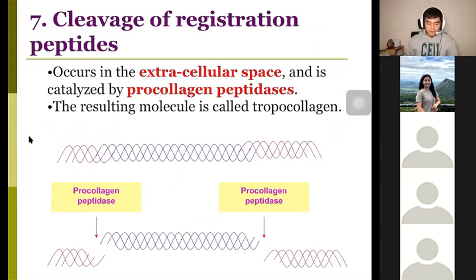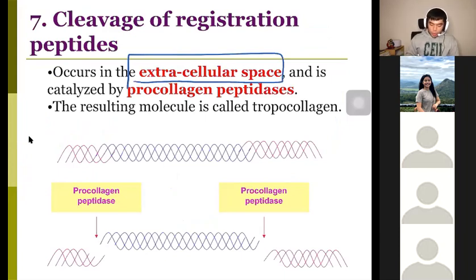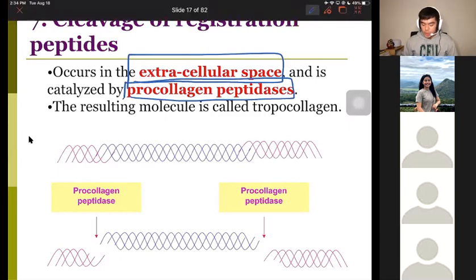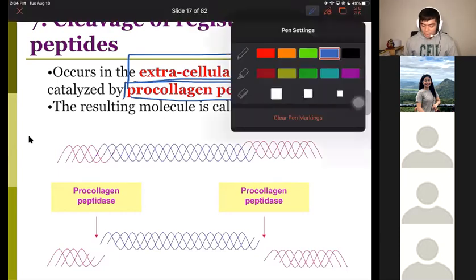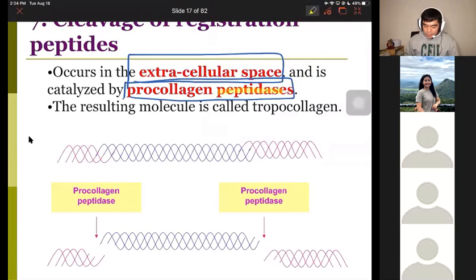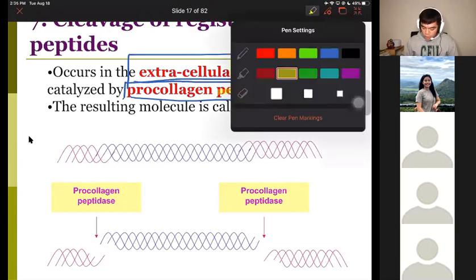So in step 7, sa extracellular matrix, ang nailabas na pro-collagen will be catalyzed by an enzyme. And that is called the pro-collagen peptidase. So first stop, para maintindihan nyo ito, pag sinabi natin na peptidase, isa itong hydrolytic enzyme.